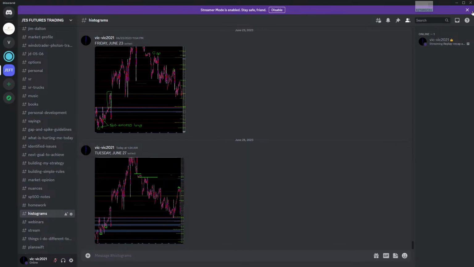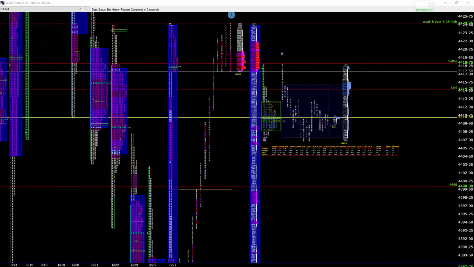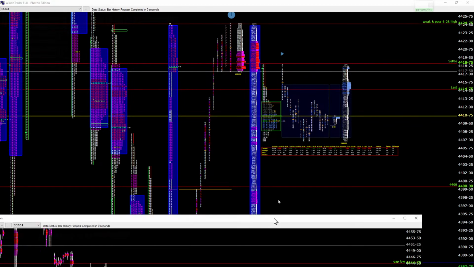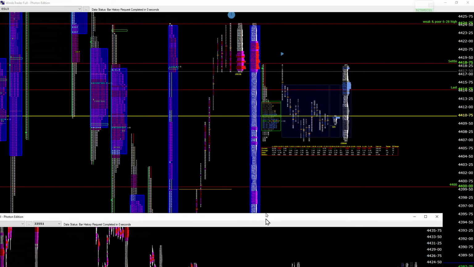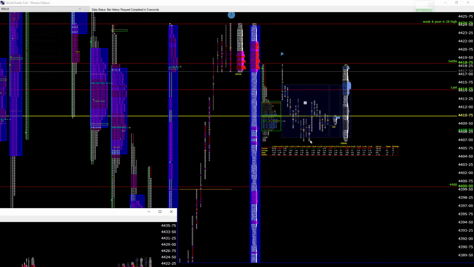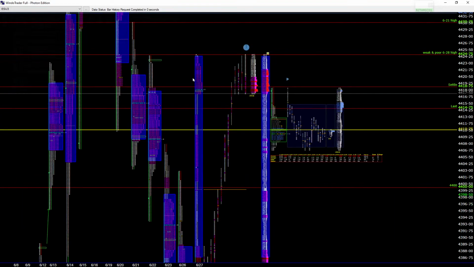One of the most important things that we have to learn is to monitor for continuation. That's a very important skill. Monitor for continuation is as important as location here. This could be the breakout.